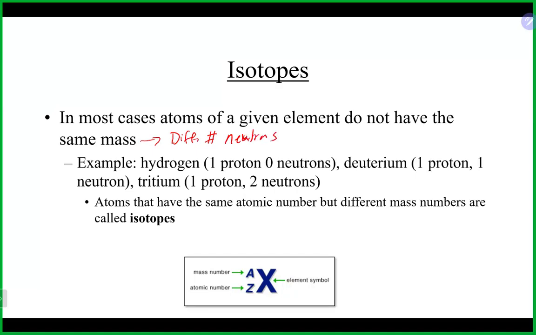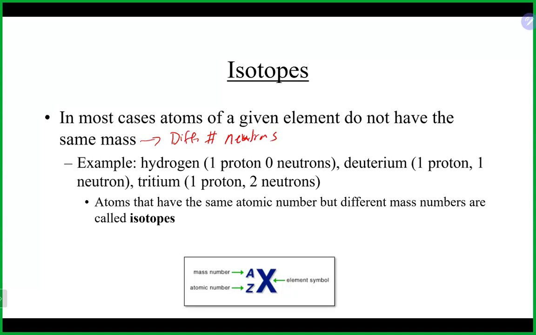So isotopes are the same element, but they have different masses, because they have different numbers of neutrons. They have the same number of protons, otherwise they would not be the same element. Every single element will have protons, electrons, and neutrons. The exception is hydrogen. Hydrogen has only a proton and only an electron. Hydrogen does not have a neutron.